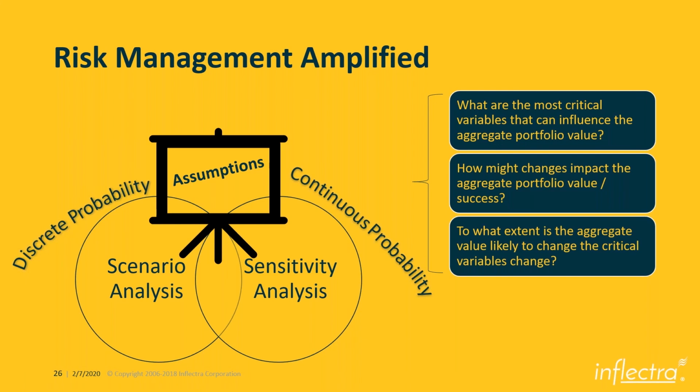The third important question that you have to answer is, to what extent is the value going to change? If it's going to change from 100% to 98%, I'm okay with that. But if it's going to change from 100 to 78%, I'm not going to be okay with that, right? So to what extent is the aggregate value going to change based upon what variables? These are the things that you are truly trying to understand over here.